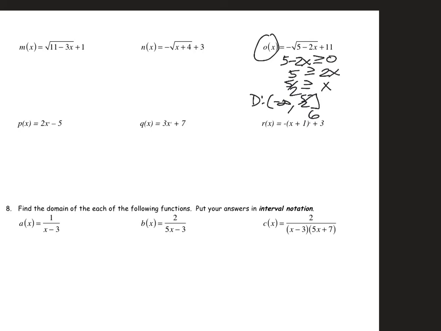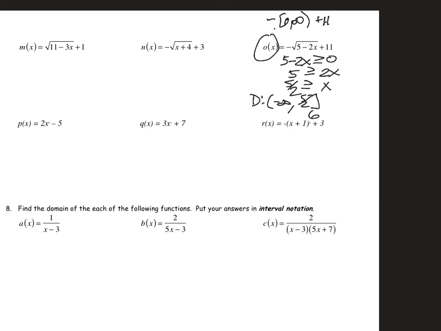Okay, so now for my range. Out of the square root is going to be 0 to infinity. And I've got the plus 11, and notice I have this negative in front of the square root. So think of the negative as multiplying by -1.